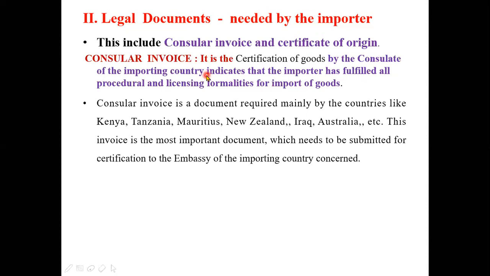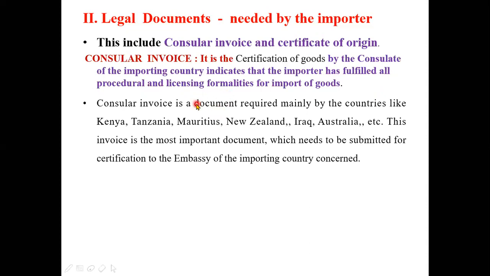For example, if Italy is the importer, then the consular invoice will be issued by the consulate office of Italy in India, and they will clearly mention that the importer has fulfilled all the procedural and licensing formalities as far as the import of the goods is concerned.